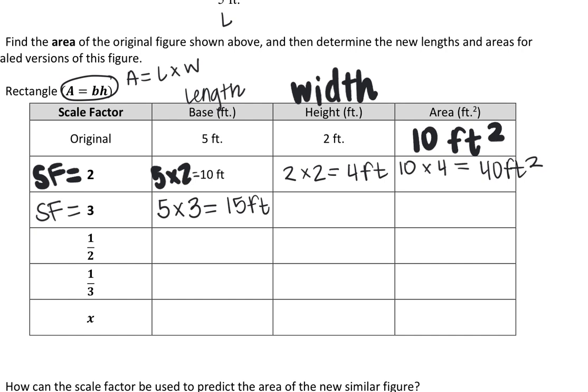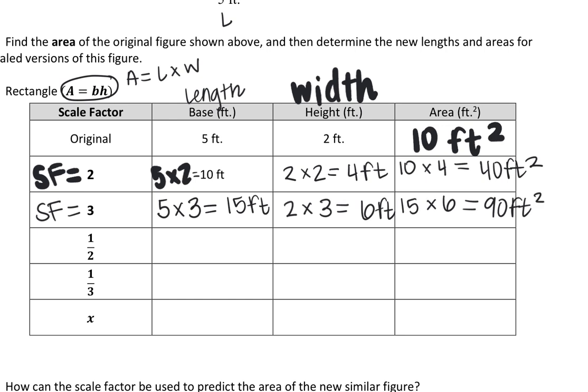In my rectangle, if I make everything 3 times bigger, my original was 2 feet. I multiply it by 3 and I get 6 feet. So I'll multiply 15 times 6 and get an answer. Which, if you go to your calculator and do 15 times 6, you should get 90. And it's feet squared.